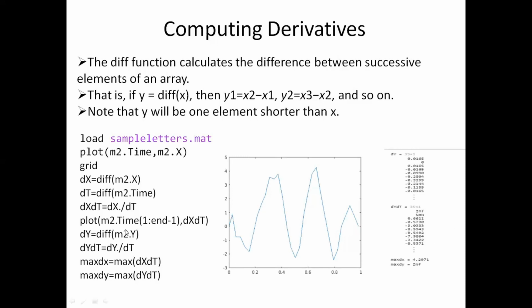In order to compensate for that difference in the length of the two arrays, I am considering only the elements 1 to end minus 1. That means I am leaving out the last data in the time variable and plotting from the first data till the last but one. That is my x-axis, and the y-axis is the slope, dxdt, which is the variable name. You can see that plot, which shows the variation in slope with respect to time.